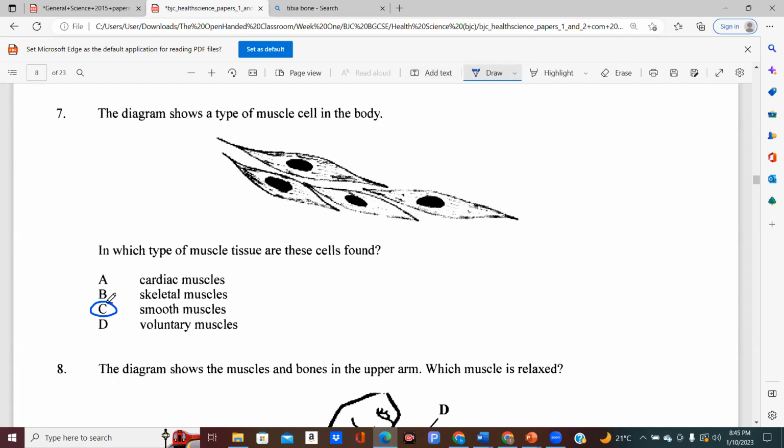I think the skeletal, the cardiac. Go ahead. Who was saying something?